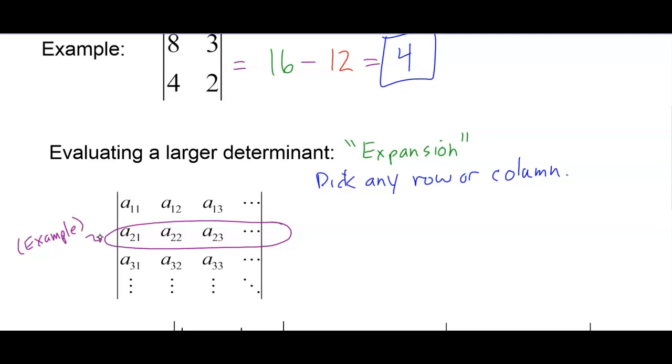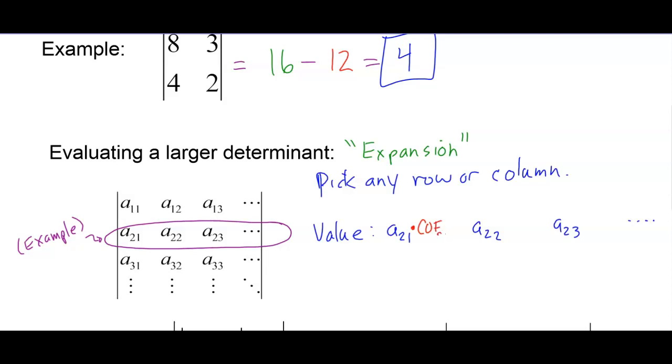Then the value of the determinant you're going to get out of this is you're going to start with each of those numbers. So you're going to have A21, A22, A23, and so on, because there might be a bunch, who knows. And for each one of them, you multiply by something called a cofactor.